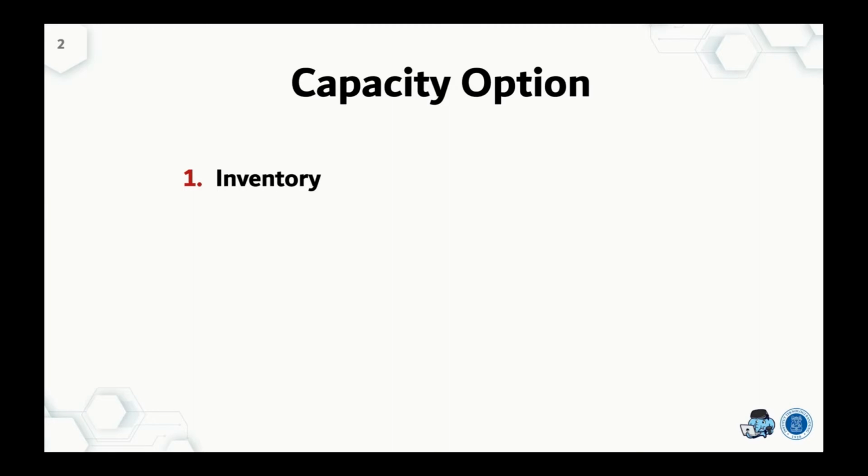From the capacity option, there are several alternatives that we can use. Number one, we can adjust inventory level during periods of low demand to meet high demand in future periods. Second, we can also vary workforce size by hiring and layoff.